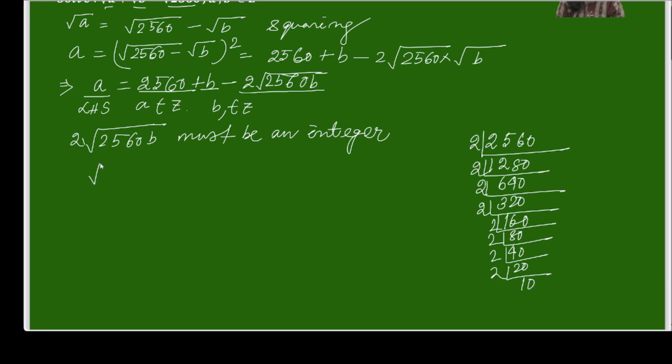So square root of 2560 can be written as 16 square root 10.